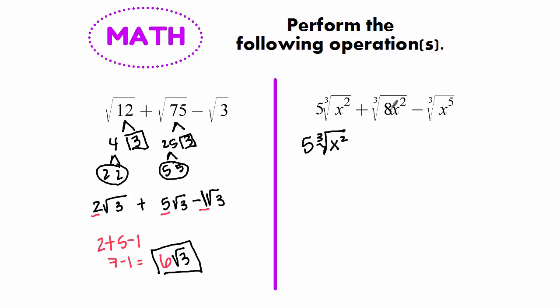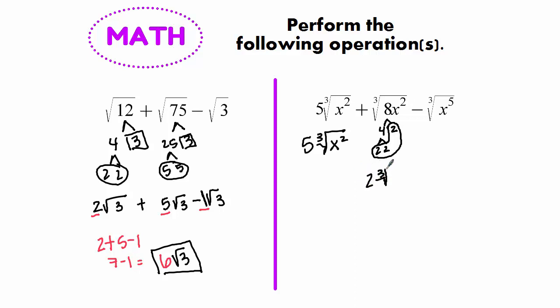The second one here, I have an 8 here and an x squared, so I know the x squared can't simplify, but I'm going to see if I can break down this 8. So I'm going to take that 8 and break it down. It goes into 4 and 2. 4 goes into 2 and 2. Since my index is 3, I'm looking for groups of 3, so that means these 2's can go on the outside.